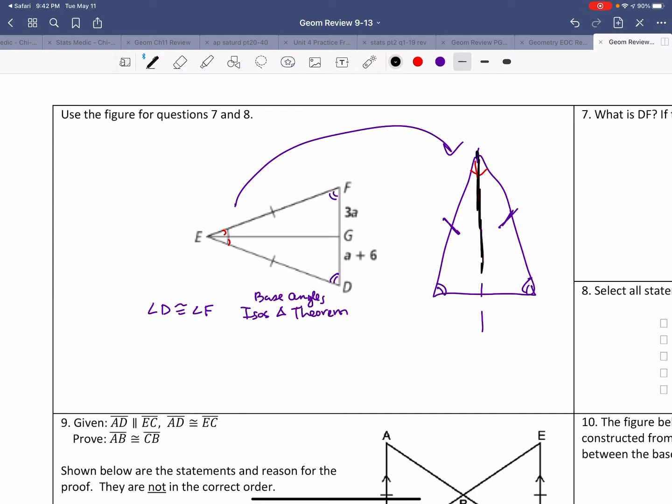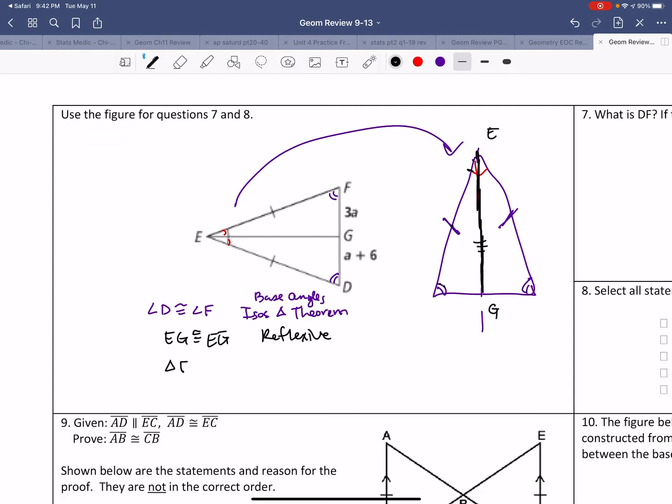So let's see why. EG would be shared. EG is congruent to EG. That's called reflexive. And I have angle side angle or angle angle side. I've got a lot of reasons why these two triangles are congruent.